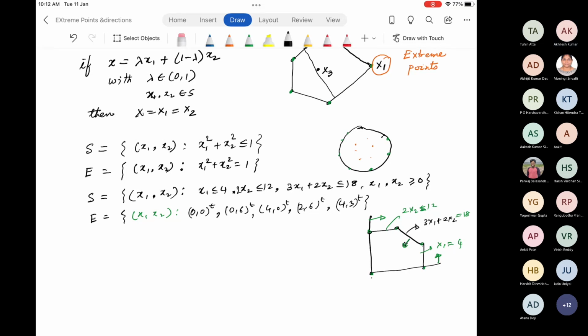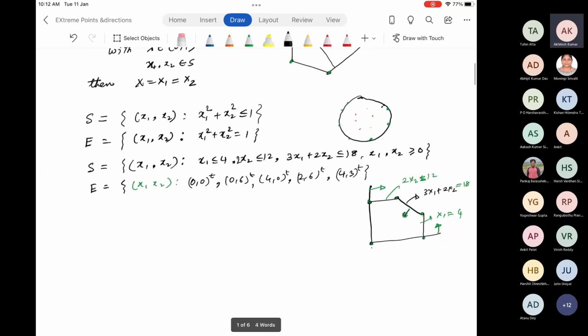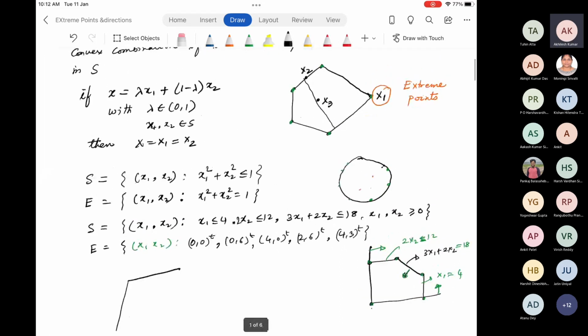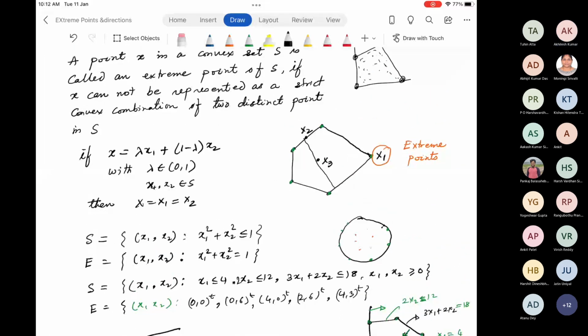Sir, in the definition you wrote that the extreme points cannot be written as a convex combination of other two points, right? Means in that combination, the two points are other than the extreme point. As you have written, x is equal to lambda x1 plus 1 minus lambda x2.